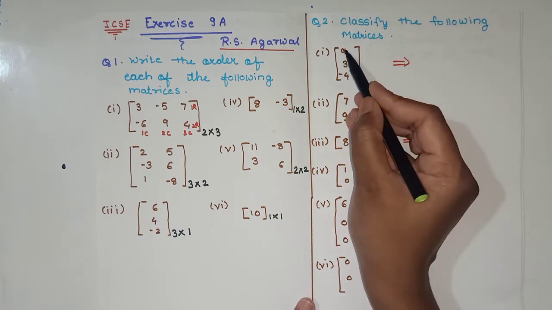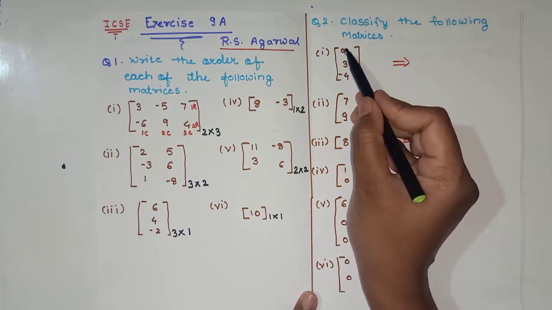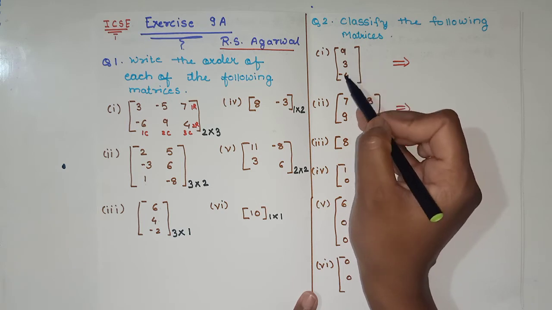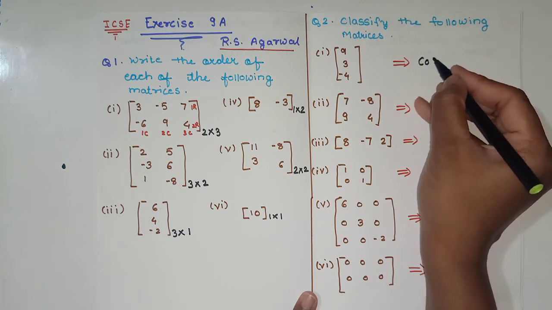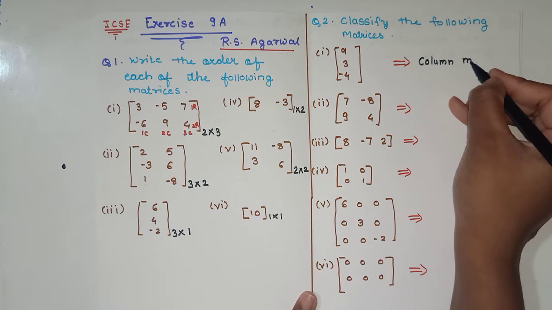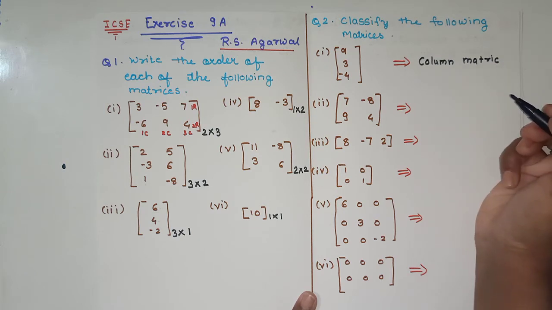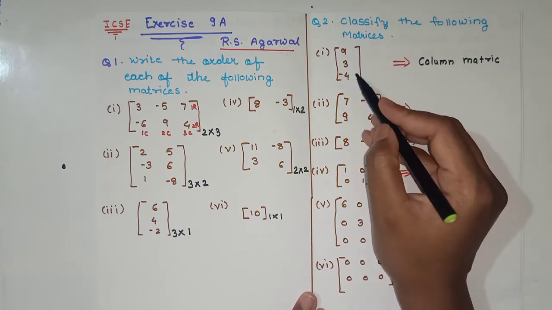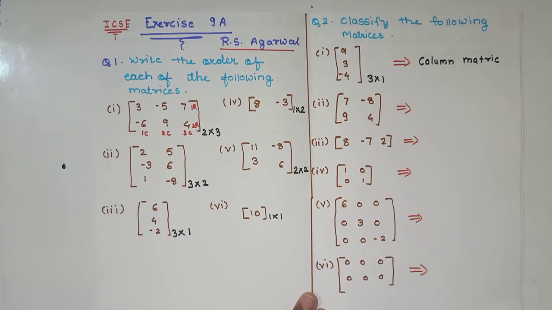Like here in this first one, I told you while teaching column matrix that if the number of columns is 1, like here in this matrix, then it is your column matrix. And what is the order of it? The order of this matrix is 3 by 1.